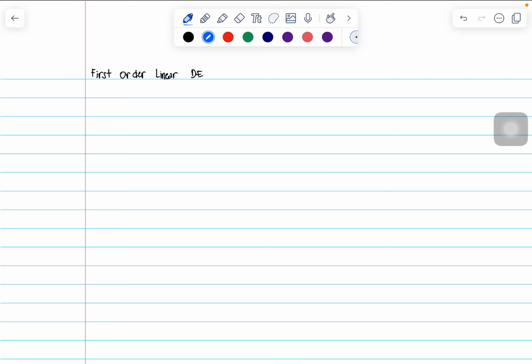Right. So we've already done exact equations and non-exact equations. Now, another type of first order differential equations is the linear differential equations. Now let's say you have this type of equation.